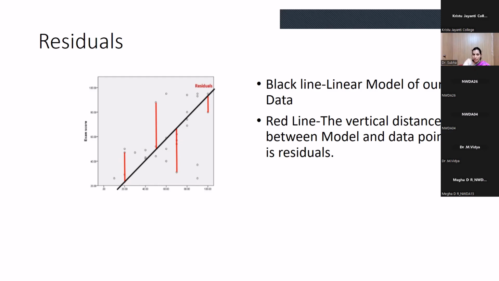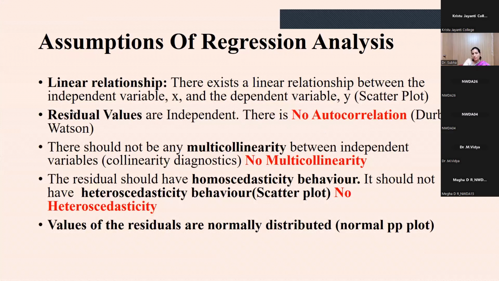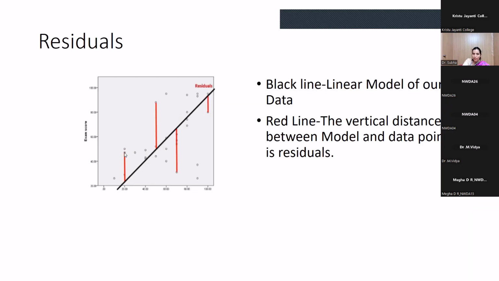The vertical distance between the model and the data point is called the residual. So why am I explaining this? Because in the assumption you can see the word residual. Residual is nothing but the distance between the data point and the regression line.